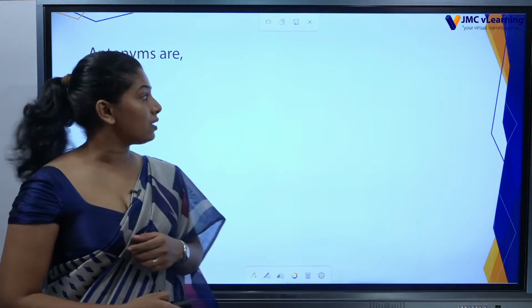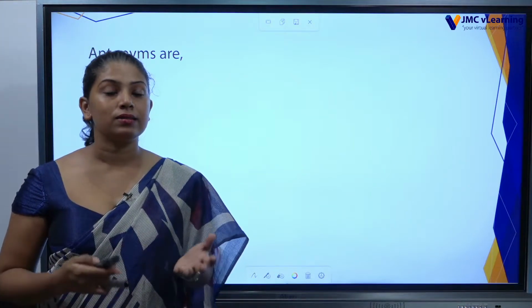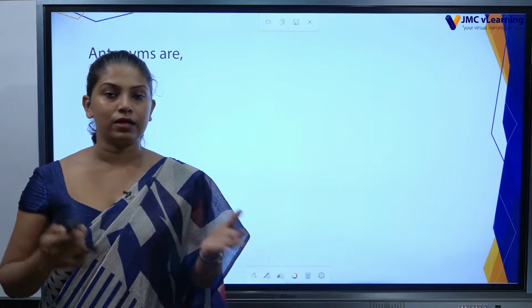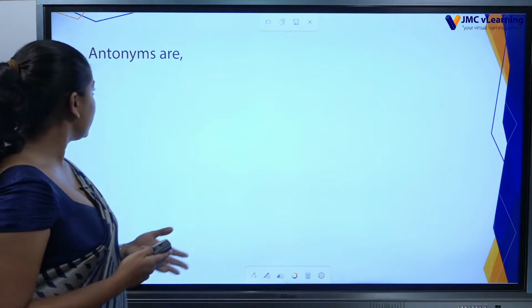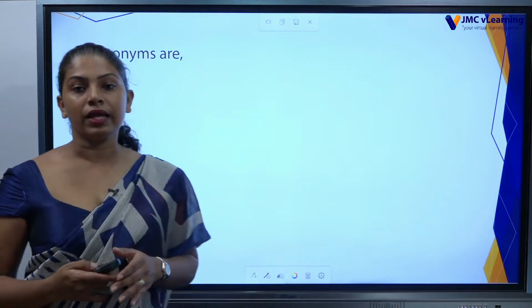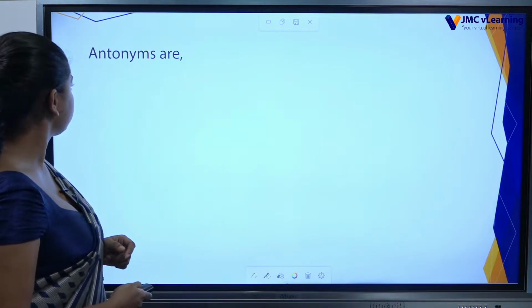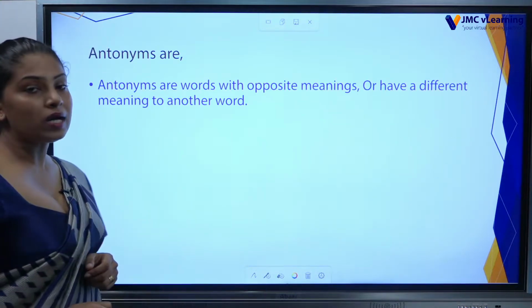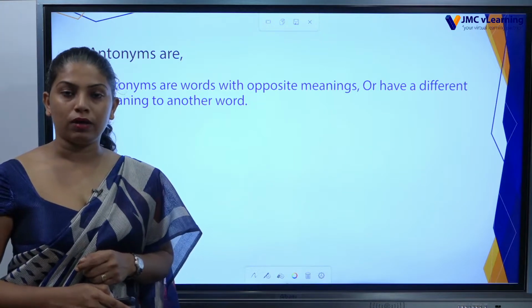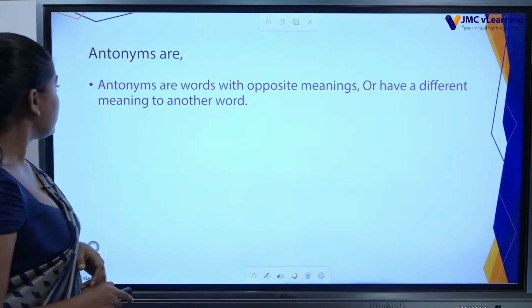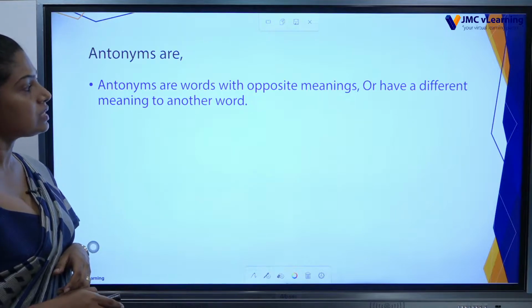The main topic I gave earlier is synonyms and antonyms. So here we are talking about antonyms. What is an antonym? Antonyms are words with opposite meanings.